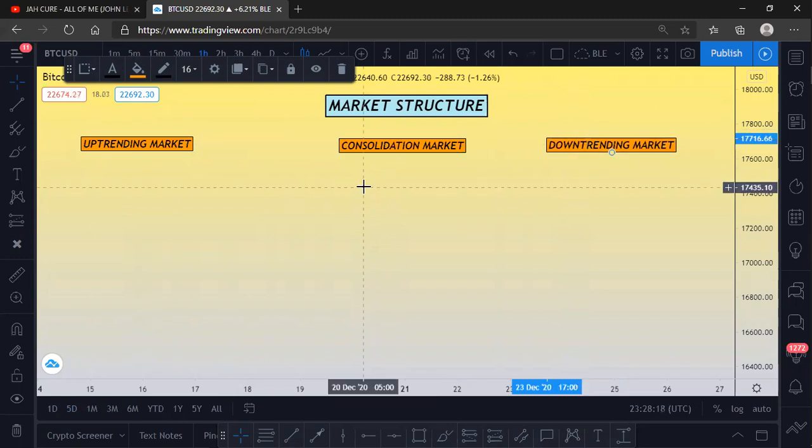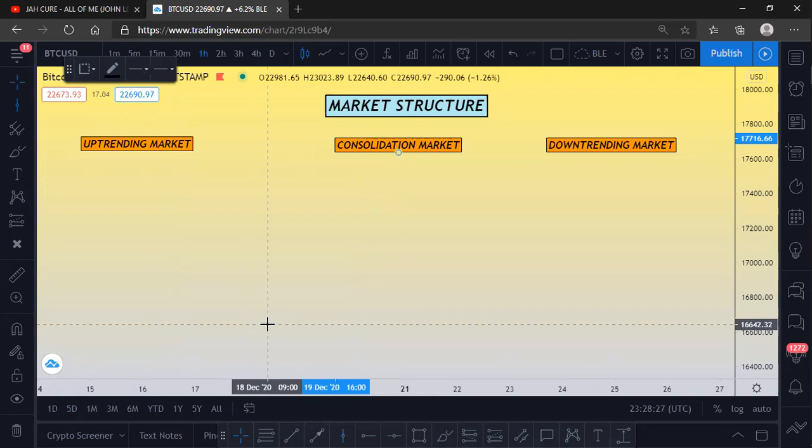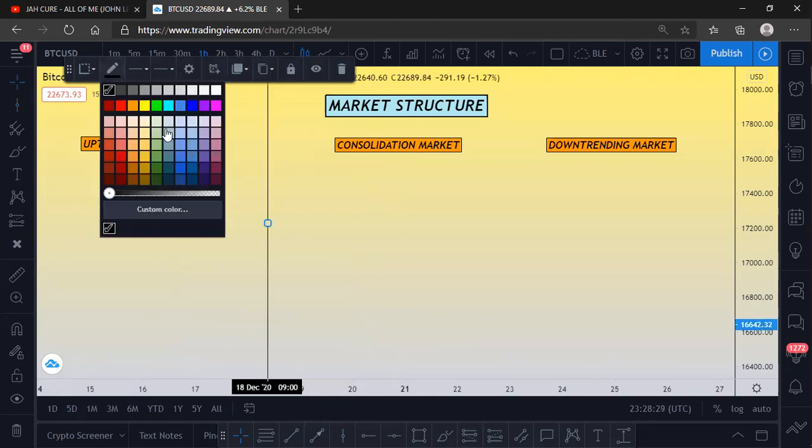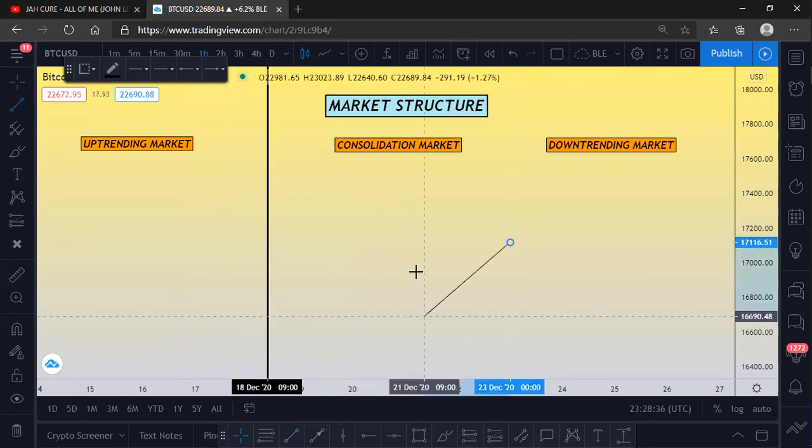Okay. And so, if a market is uptrending, what do you want to see? You want to see the candles going up, right? Yes. And if the market is downtrending, you want to see the market going down, right? Yes.